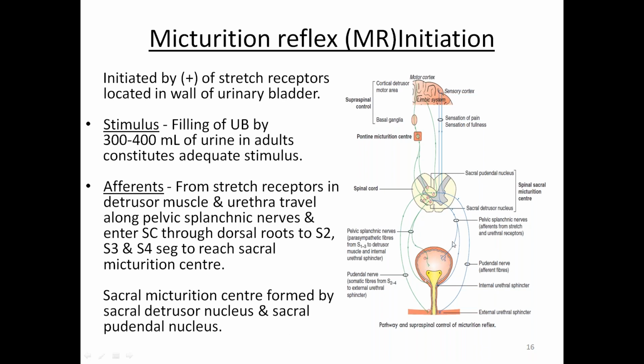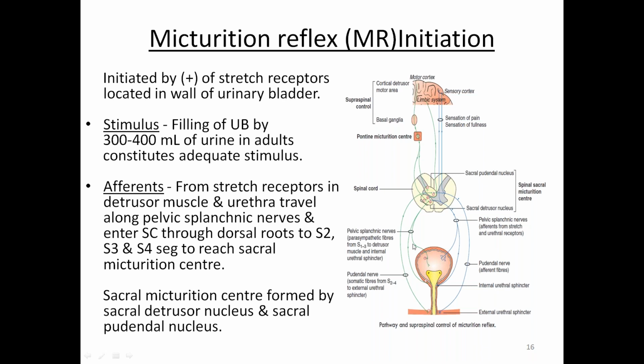The stimulus from the stretch receptors travels through the pelvic splanchnic nerves and enters the spinal cord through the dorsal roots of S2, S3 and S4 segments to reach the sacral micturition center.